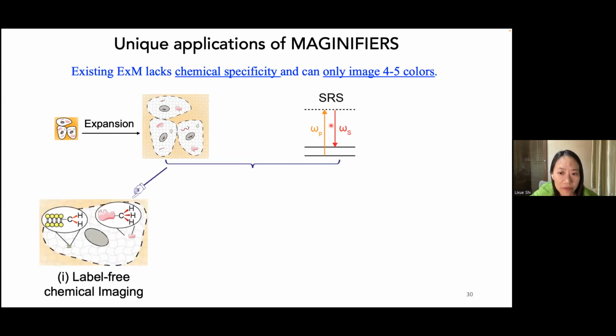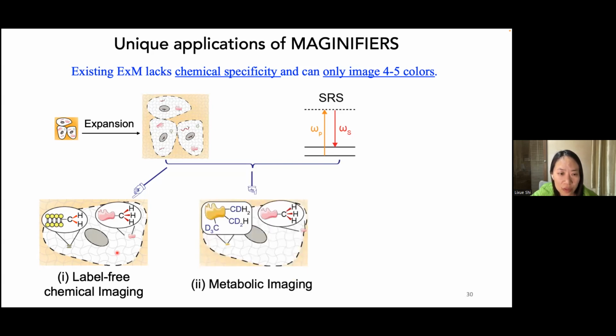First, MAGNIFIERS will support label-free nanoscale imaging of endogenous biomolecules, including proteins, lipids, and DNA. It is also useful for high-resolution metabolic imaging of protein aggregates in cells labeled with some deuterium-substituted amino acids.